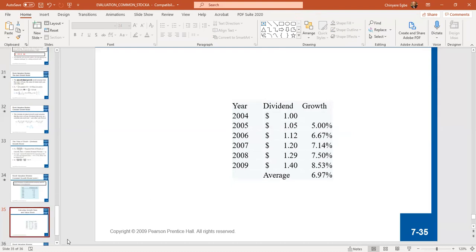So I took an average here. How did I calculate that?